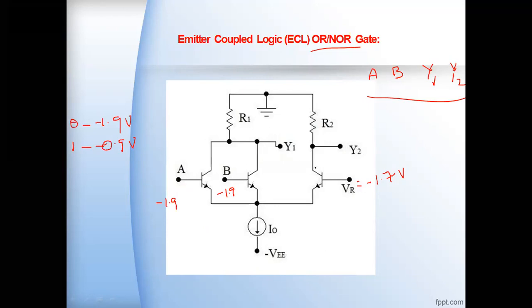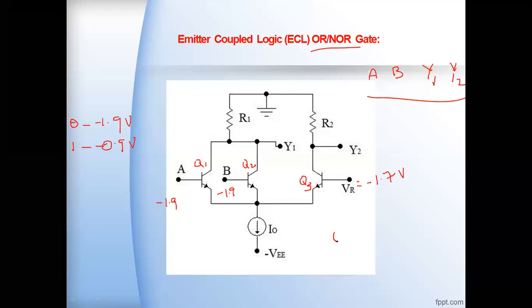On the other hand, you see the reference has minus 1.7 volts. So now which transistor will conduct? Let's give the transistors names: transistor Q1, transistor Q2, and transistor Q3, this one. Now which transistor will conduct more here?